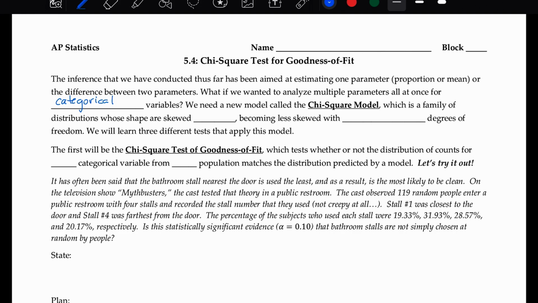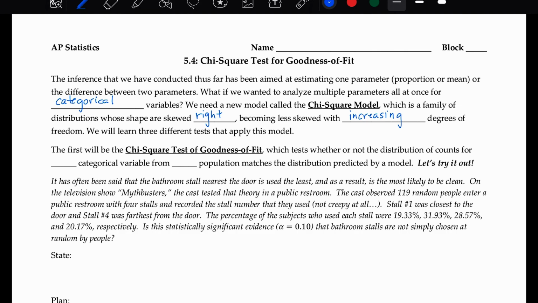What we need is a new model called the chi-square model. This is a family of distributions whose skew is to the right, and if you've seen the in-class demonstration, you've seen multiple examples of this distribution. The skew becomes less with increasing degrees of freedom.